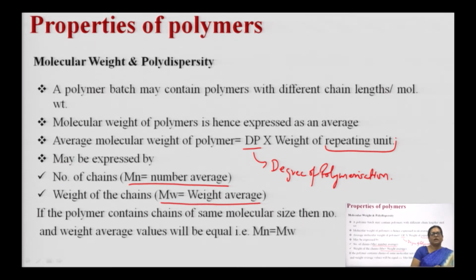If the polymer has chains of the same molecular size, then the number as well as the weight average values will be equal, that is Mn will be equal to Mw, and such polymers are said to be mechanically stronger than a polymer in which the number average and weight average are different. And this leads us to an important concept which is called polydispersity.